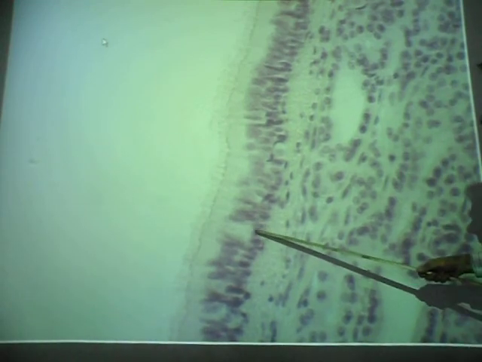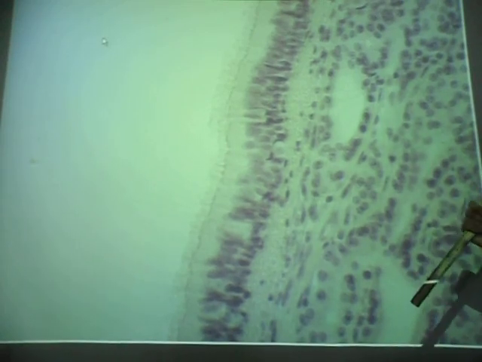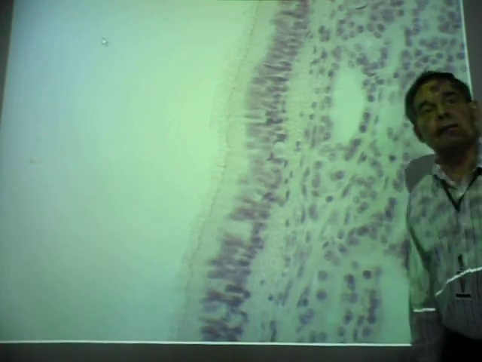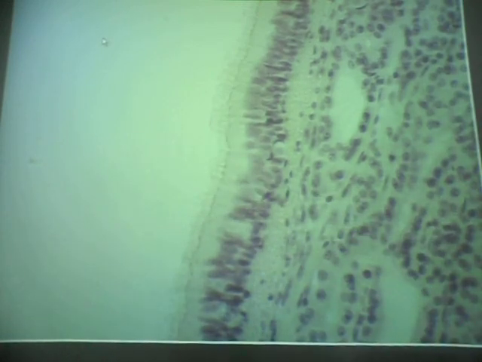The single-cell glands that you see here are the goblet cells. And they both secrete mucus onto the surface of the epithelium, which again is ciliated, as you can see. And again, the cilia are not to move the cells because they're tightly packed. It's to move the debris, or I should say the debris-laden mucus, across the surface of the cells.